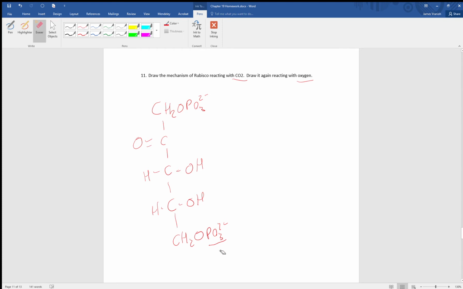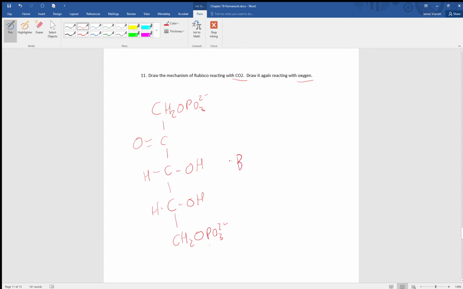Basically, we're going to be adding on our CO2 and cleaving the top two carbons off. Maybe that can help you remember that the ketone is on carbon 2. Anyway, let's get started with the mechanism.